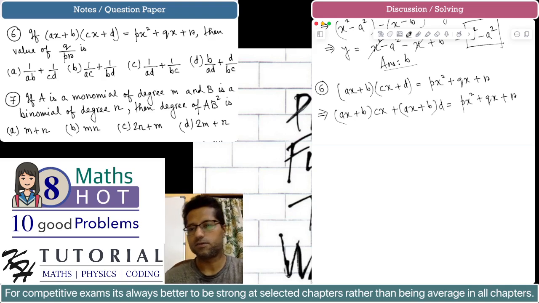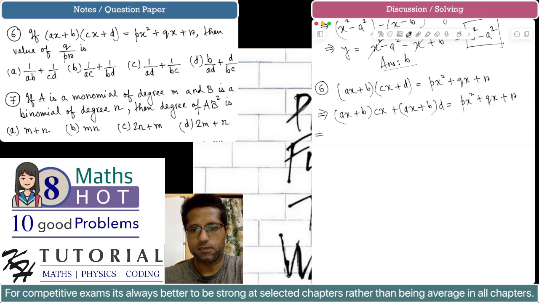The idea is to do the product of the two binomials on the left hand side, and then we equate the coefficients of x square, x, and the constant term from the LHS and RHS, and then we will get some relation between p, q, r and a, b, c, d.